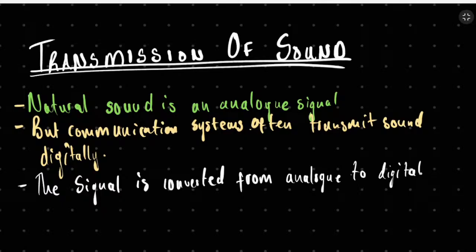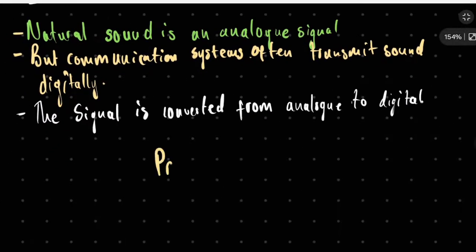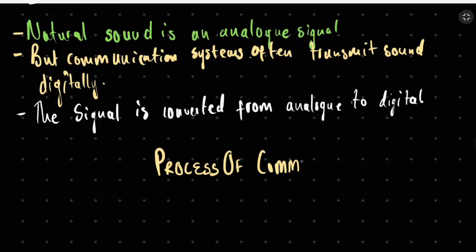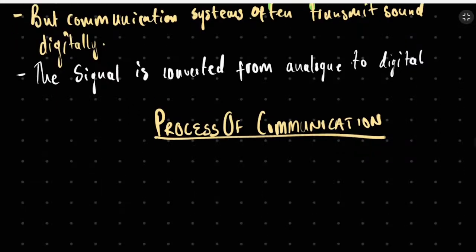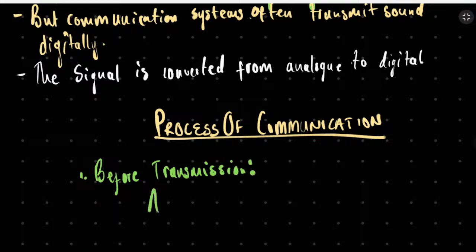So write it like this. Here is the process of communication. Everybody should just know this. Here's what happens. First, before transmission, it goes analog to digital.